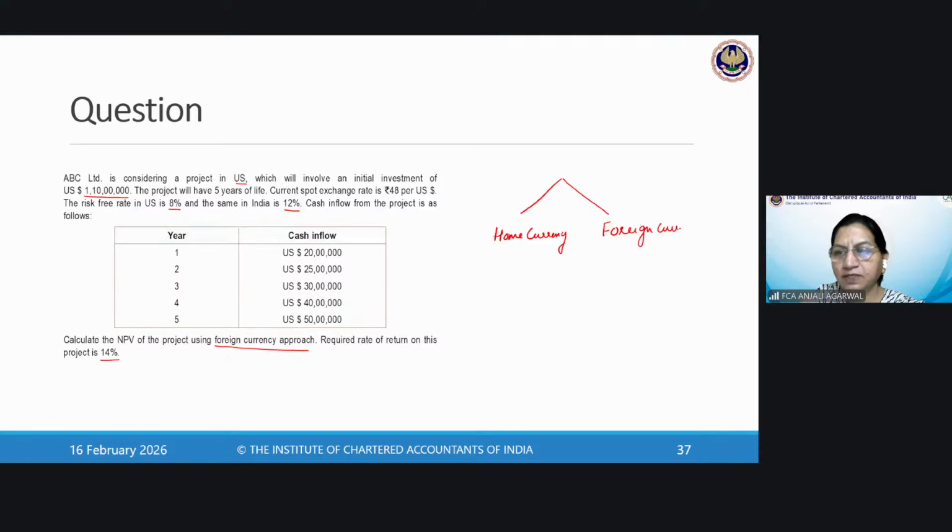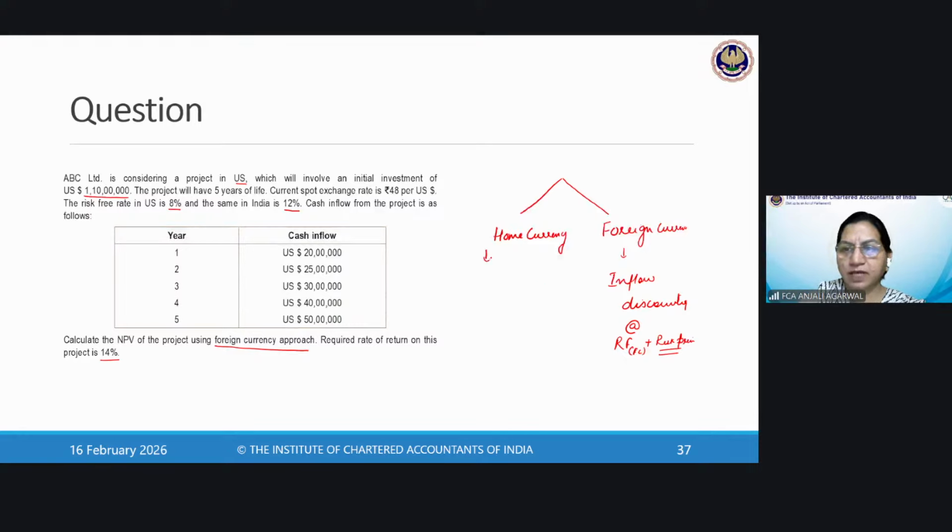If you are going by the foreign currency approach, the inflows are given to you. All you will be doing is discounting them at a different rate, not 14% as in India, but at the risk-free rate of the foreign currency plus risk premium. Now, the risk-free rate can be different, but the risk premium will be assumed to be the same for the project.